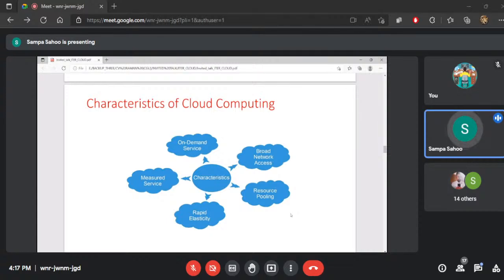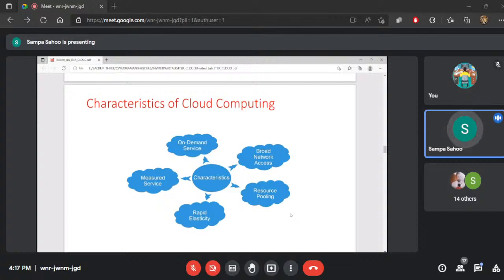For example, you must have heard of the term carpooling. What happens in carpooling? A single car is being used by multiple persons. Similarly, here all the cloud resources are present at a single place, and they are being used by multiple companies or organizations. So that is what resource pooling is.